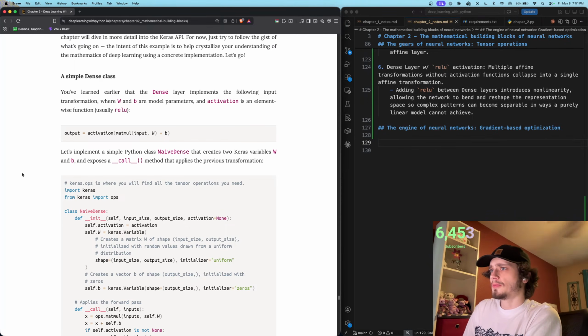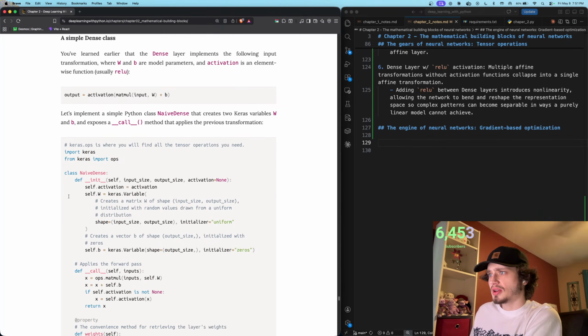We have output equal to activation of the matrix multiplication of our input and W, plus our bias. Let's implement a simple Python class called NaiveDense that creates two Keras variables, weights and biases, and exposes a dunder call method that applies the previous transformation.